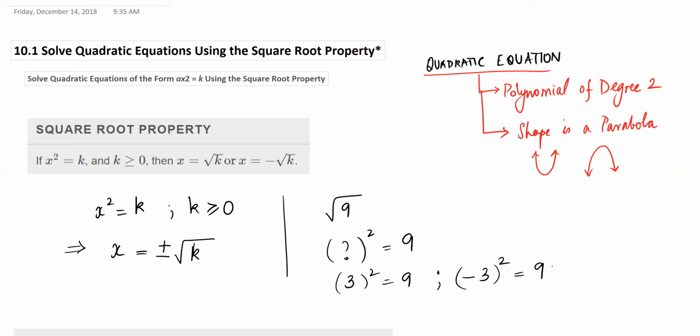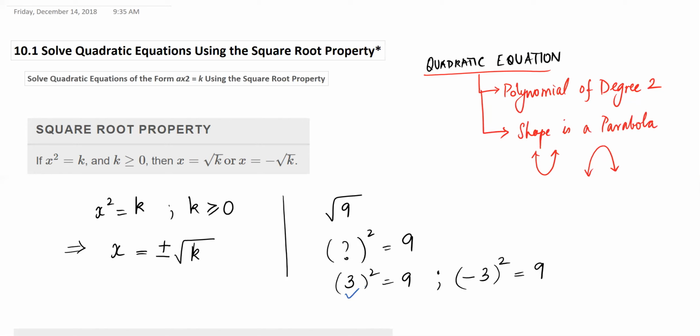Well, in chapter 9, we were not using the property, we're just using the definition of square root. And so when we did the definition, it wanted us to only consider the positive number. And so we chose only the positive 3 as the answer.